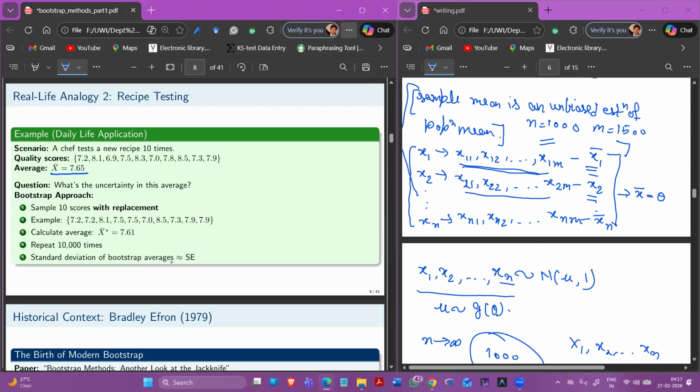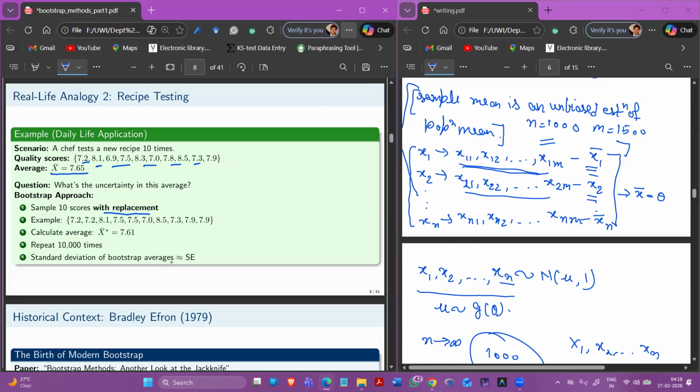I have only 10 observations, right? So this sample mean is not going to represent the population mean, because this sample mean comes from one sample. These are my sample units. So what I will do is take a sample of 10 scores with replacement, generating samples again and again.